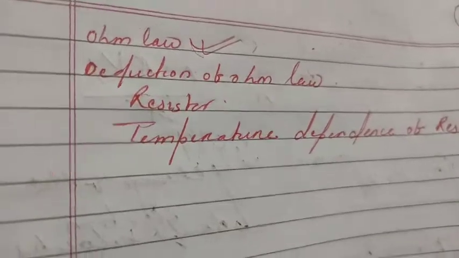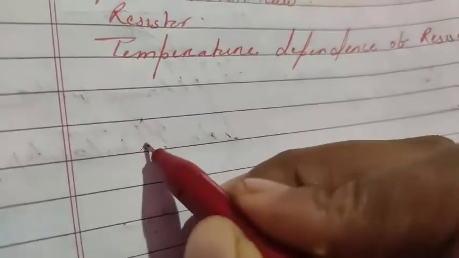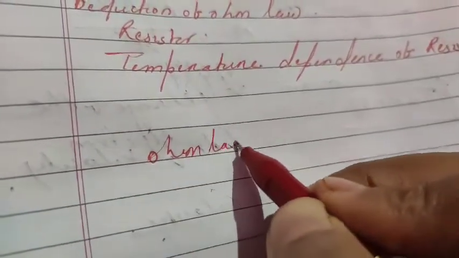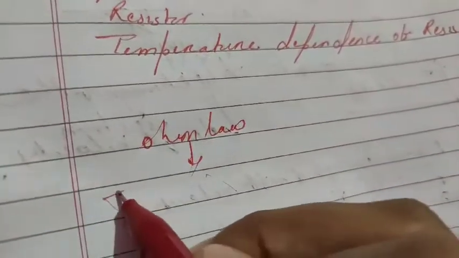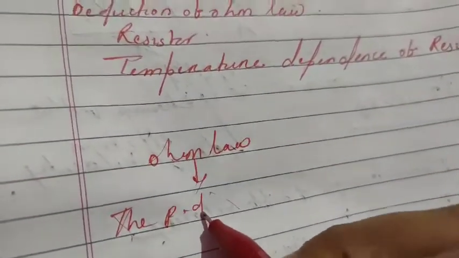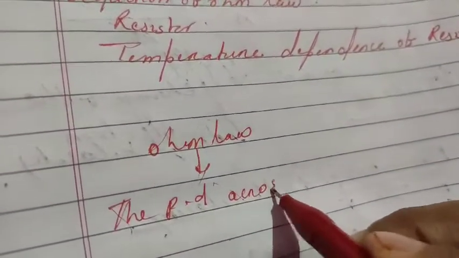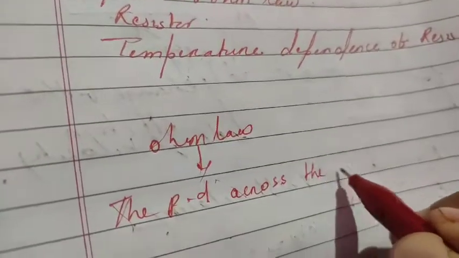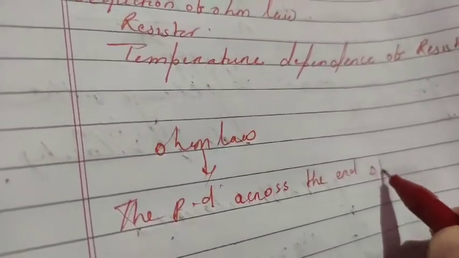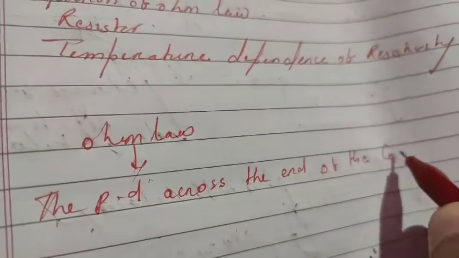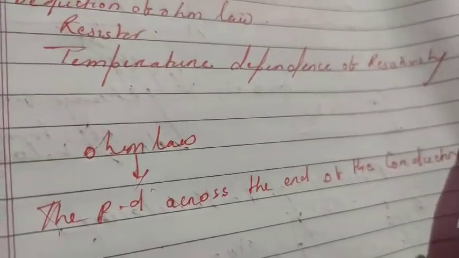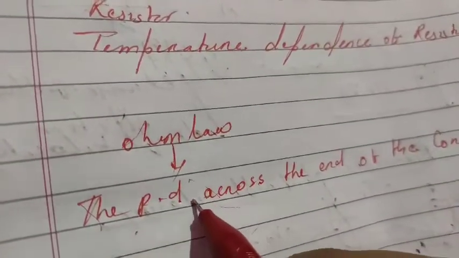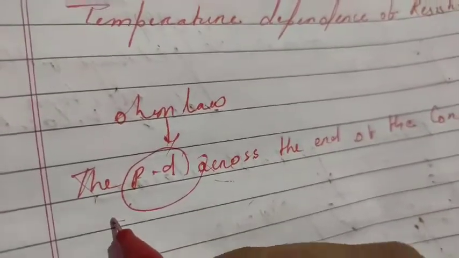What is that? The potential difference across the ends of the conductor. Here potential difference is very important, student.